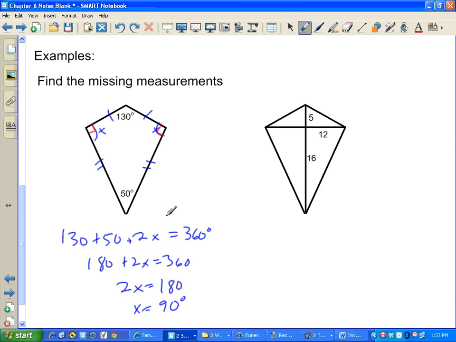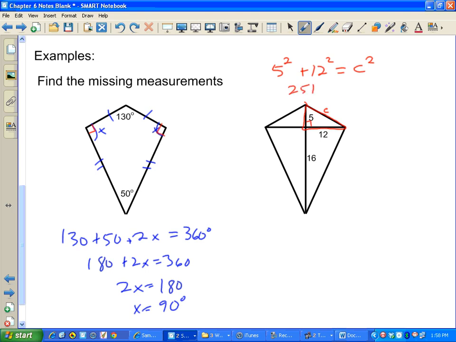If we're looking at diagonal lengths here, we can find these missing sides since we know the diagonals are perpendicular. We can use the Pythagorean theorem because I've got this right triangle here. Okay, and I know that A and B, the legs, the sides that make the right angle together. So A squared plus B squared equals, this would be my C squared.